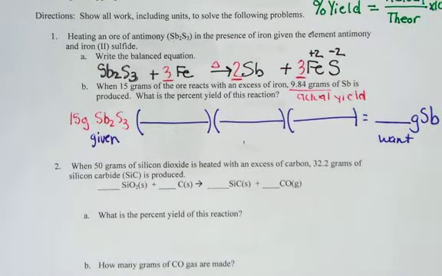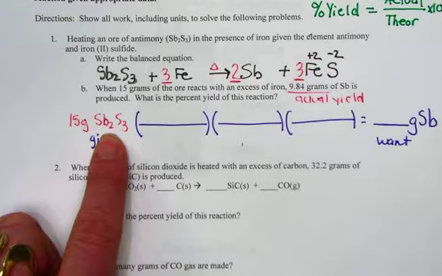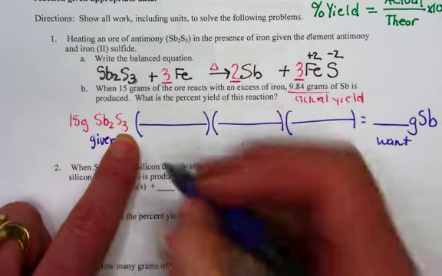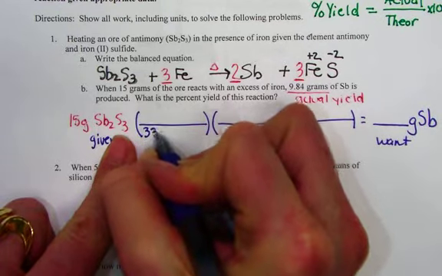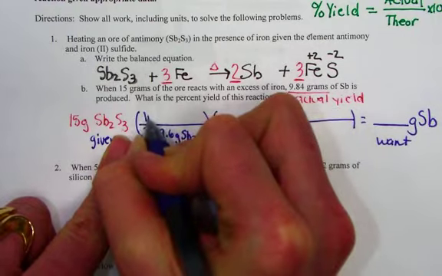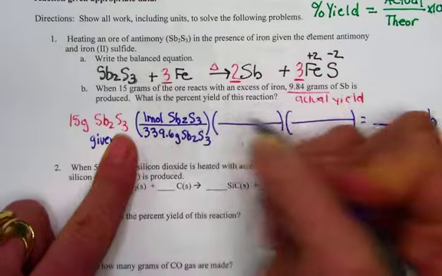The molar mass of antimony, it's number 51, we'll call that 121.8. 121.8 times 2 plus the sulfur, 32 times 3. This has a molar mass of 339.6 grams of Sb2S3. We'll place that under 1 mole of the ore, Sb2S3.